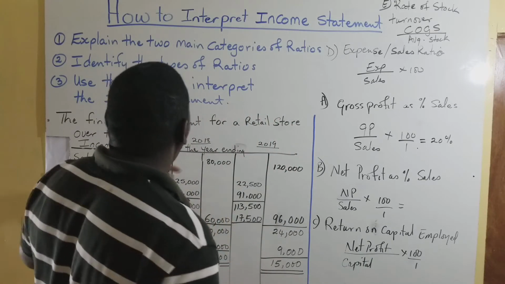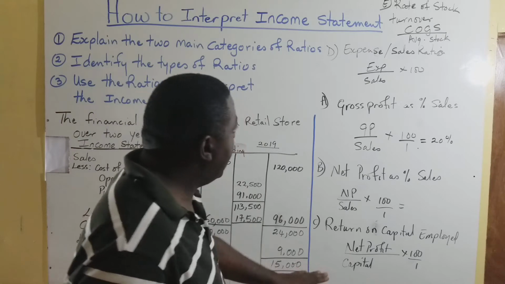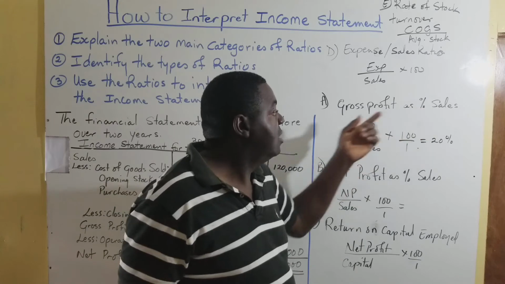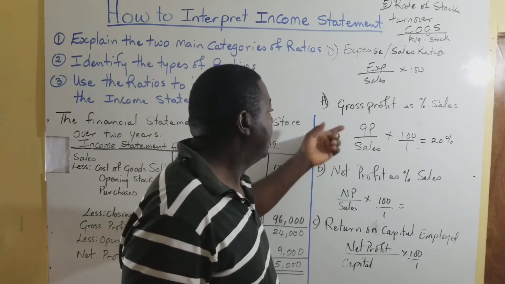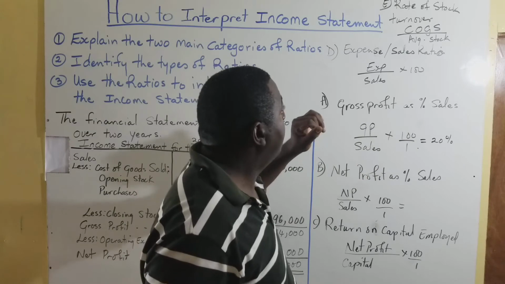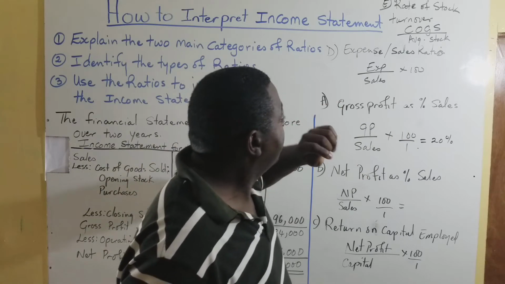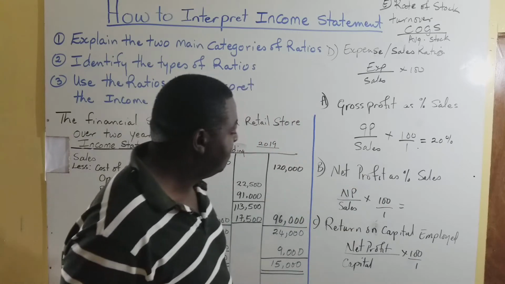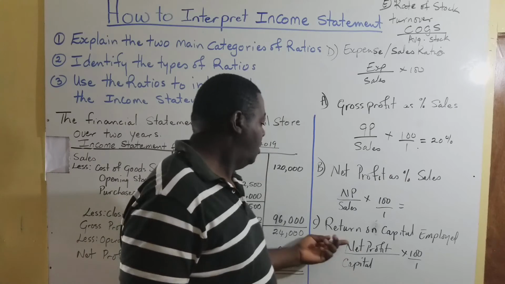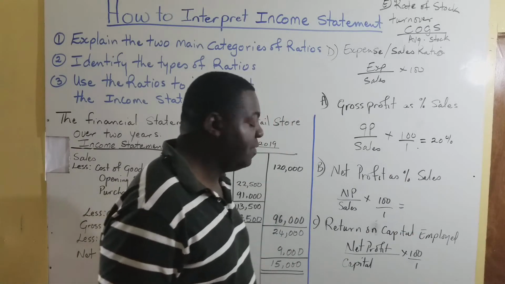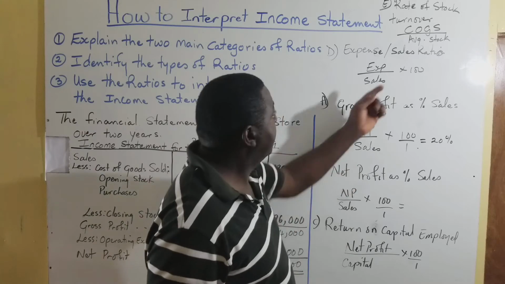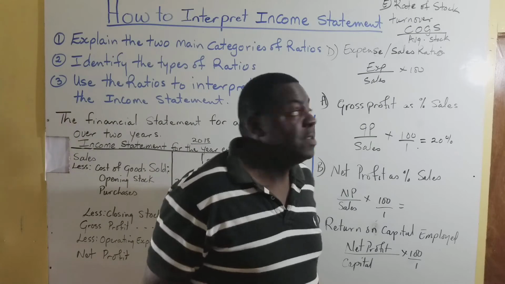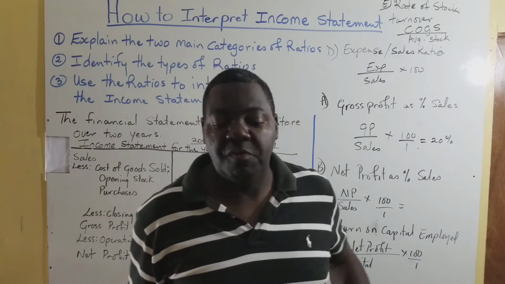I have now identified five profitability ratios. The gross profit ratio, also called the sales margin ratio. The net profit as a percentage of sales, or net profit to sales ratio. The return on capital employed, referred to as the ROCE ratio, the expense to sales ratio, and the rate of stock turnover.